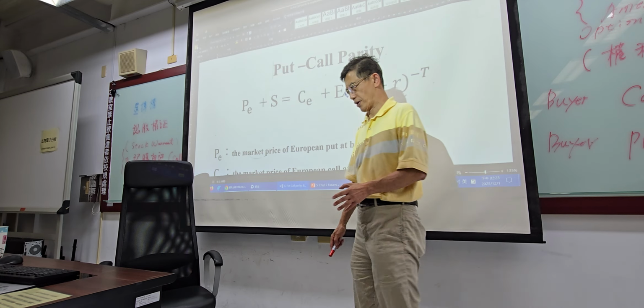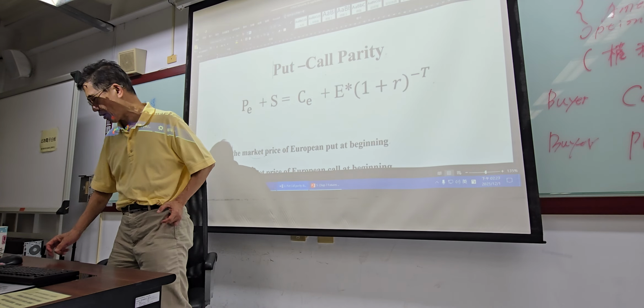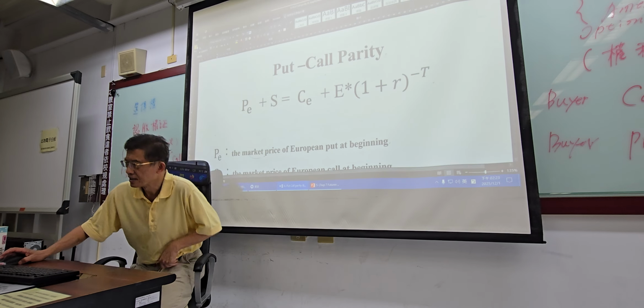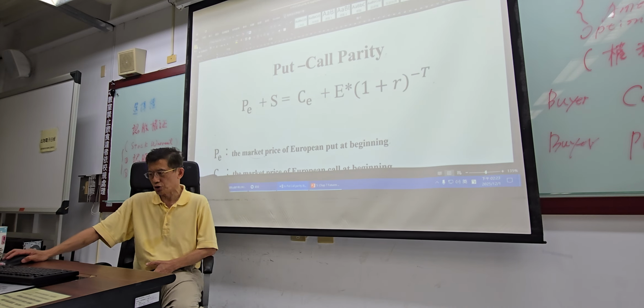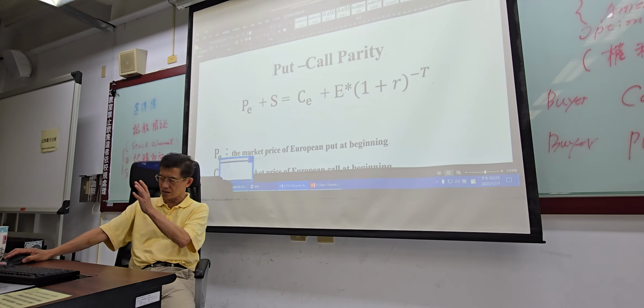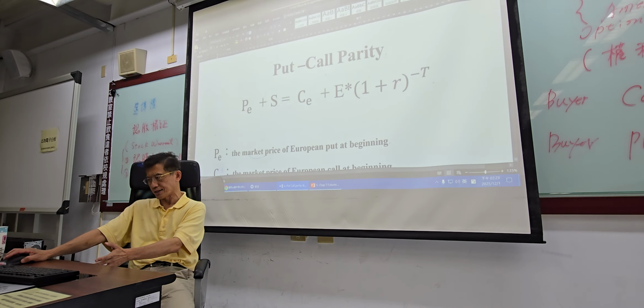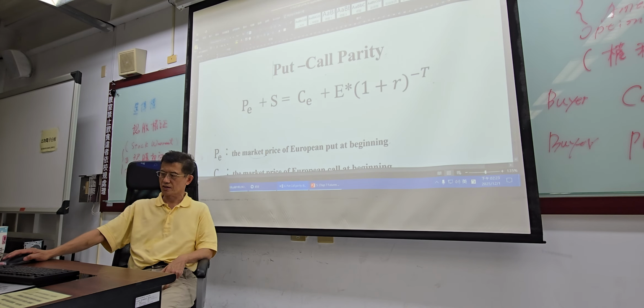Right? That is the difference. And the put-call parity that we are going to discuss is limited to European types of options. That means they are only able to be exercised at the expiration date. Okay?